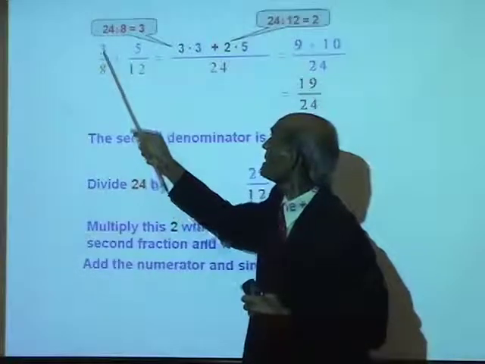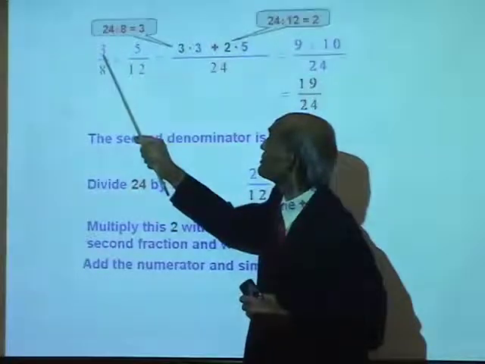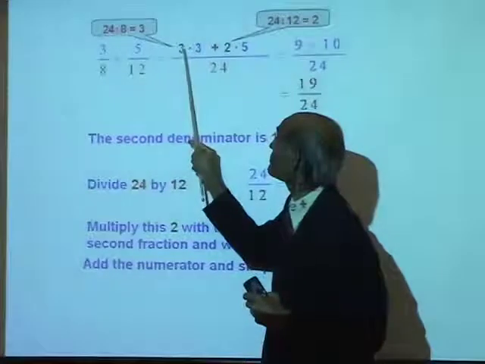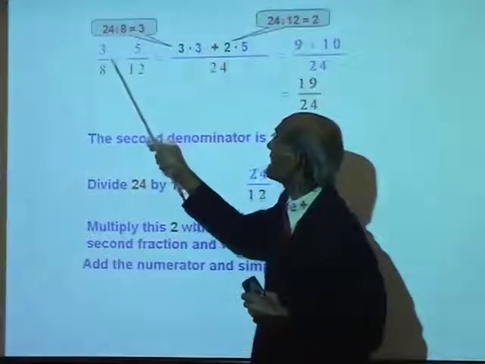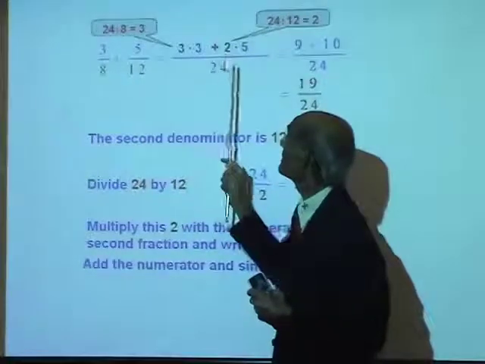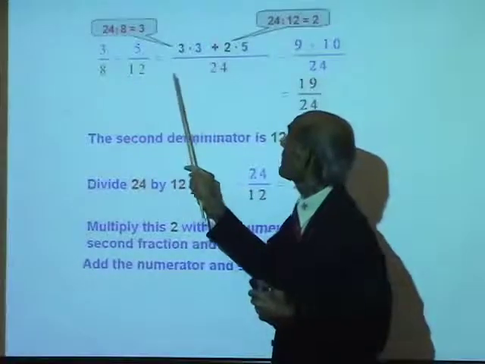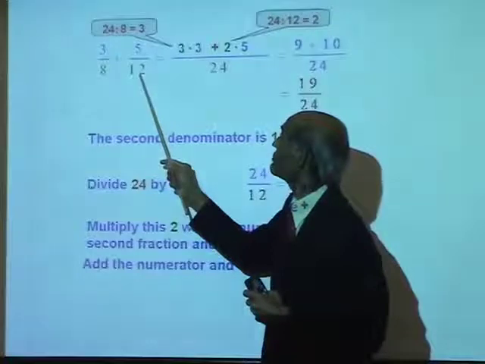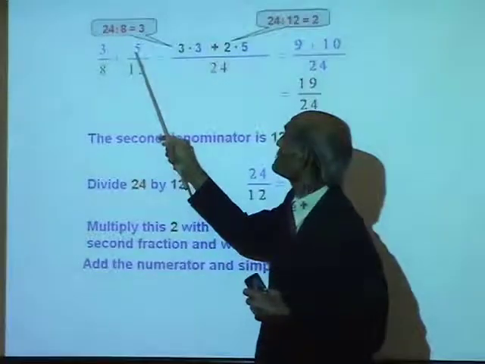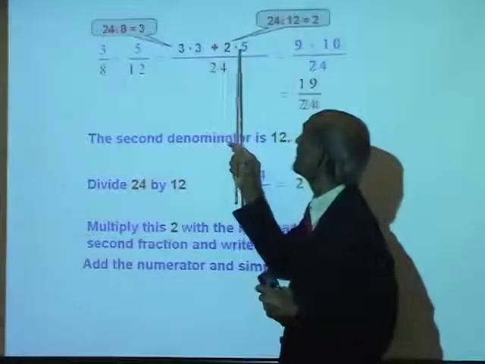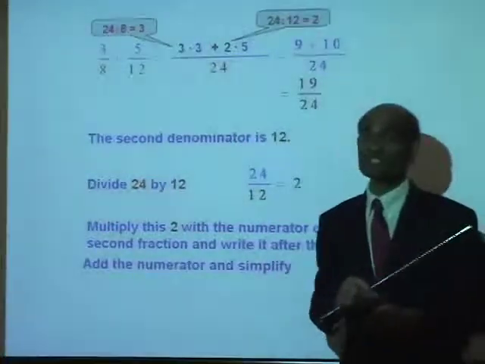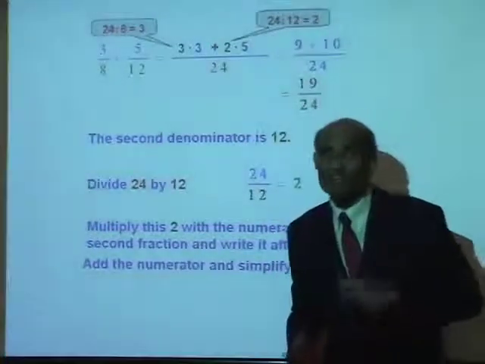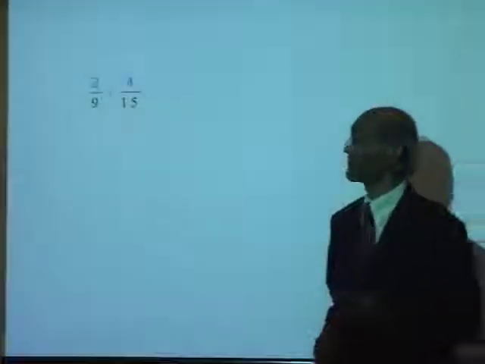And that 3 is multiplied by this numerator 3. And write it there. 3 times 3. Follow that up with the sign here. Plus. 24 divided by 12 is 2. And that 2 is multiplied by 5. And that gives you your numerator. Isn't that simple? I think so. Well, let's go and do another one.